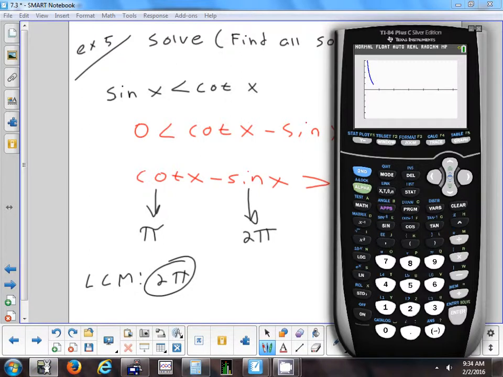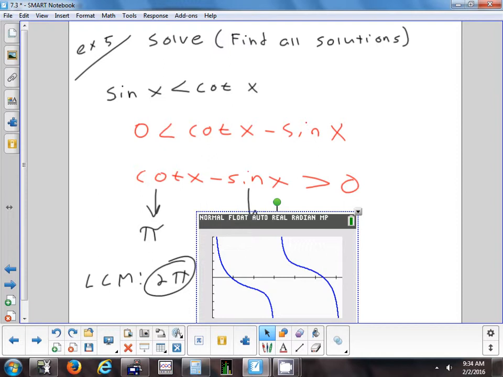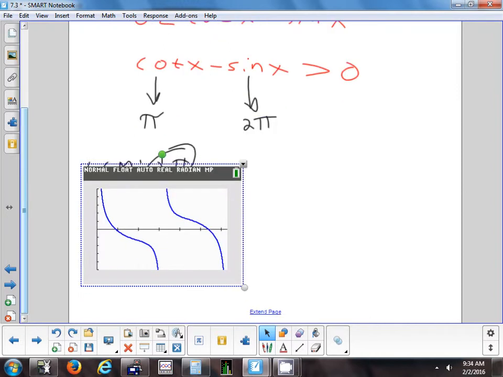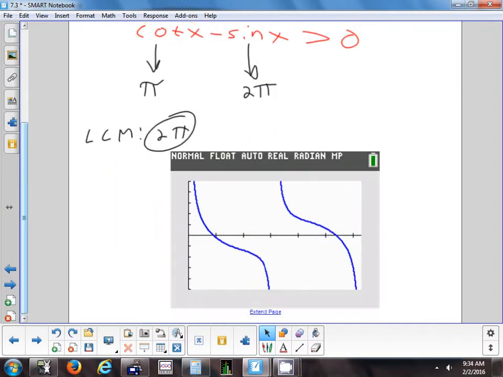Okay, so say graph. Remember, we're looking for where it is below 0. All right, let's do that. How many spots here is it below 0? 2. Okay, we need to find this point, and we need to find that point. Let's start with this point.